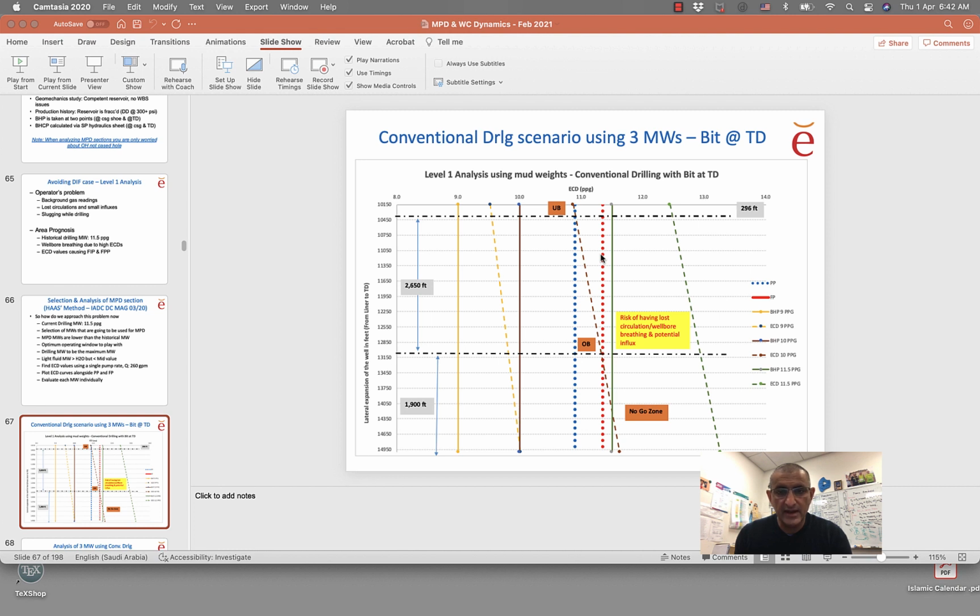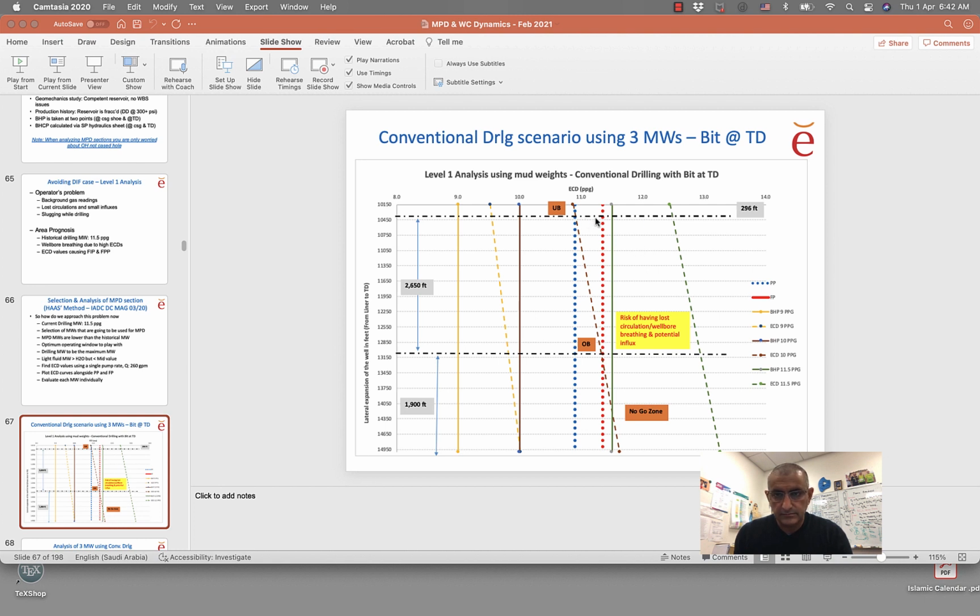So it was a very, very small window. Now notice this is the historical mud weight of 11.5 ppg, so you are already fracking the reservoir. No wonder that when they were drilling, just about 100 to 200 feet after the casing shoe, they were getting a lot of background gas.